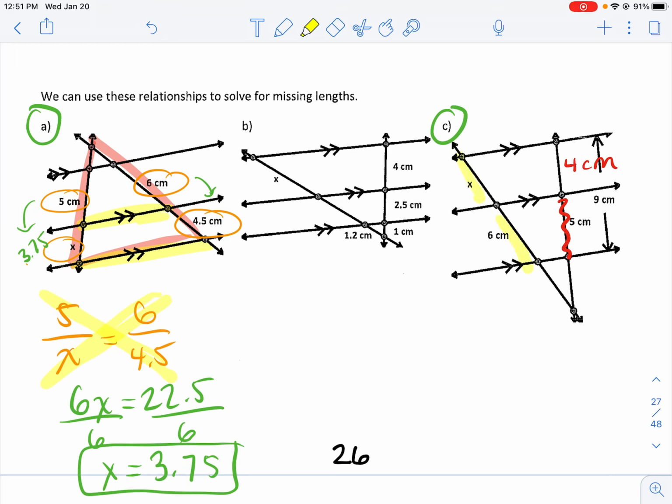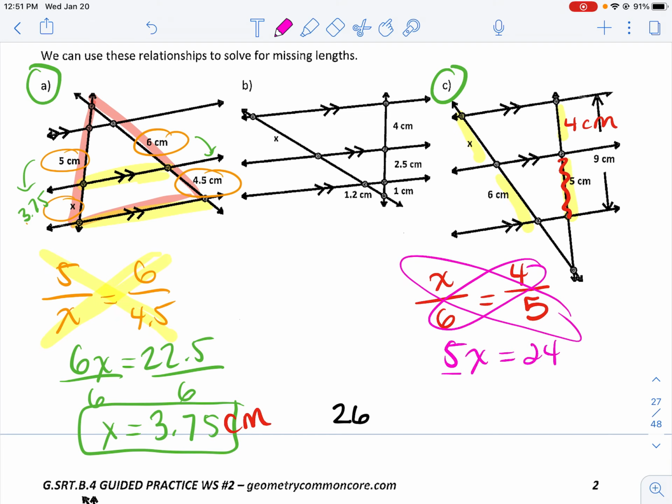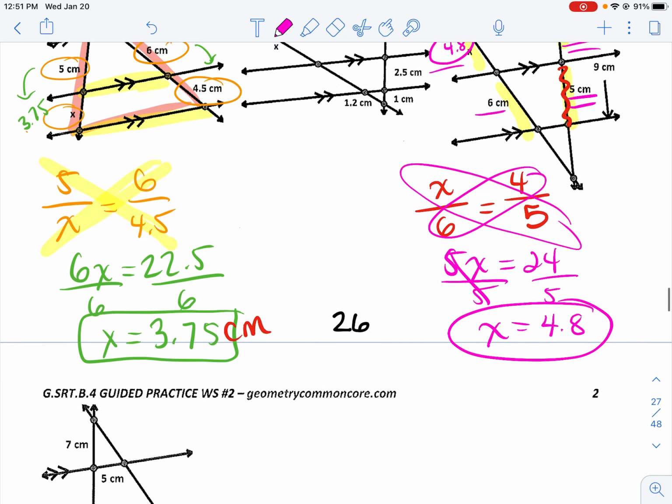So I'm going to do x over 6, set that equal to 4 over 5. Oh, you know what, guys? Actually, I forgot to put these were centimeters in here. We really should have our units. Okay, let's cross multiply. So 5x equals 24. Divide by 5. So x should be 4.8. Okay. And I'm going to put 4.8 here. Yeah, and that does make sense, right? This is bigger than this, so that makes sense.